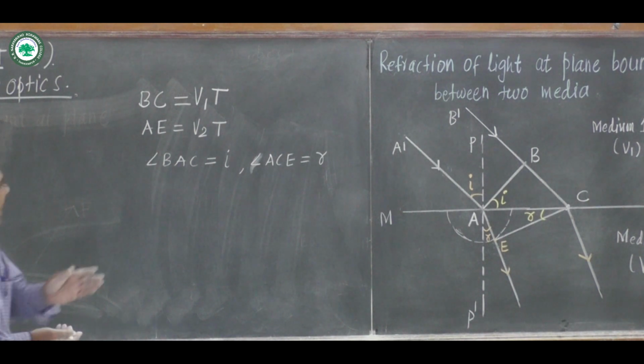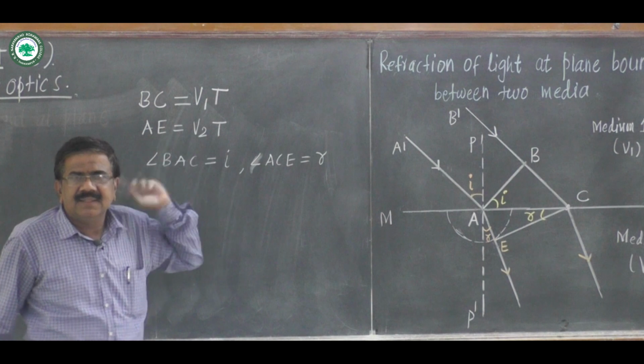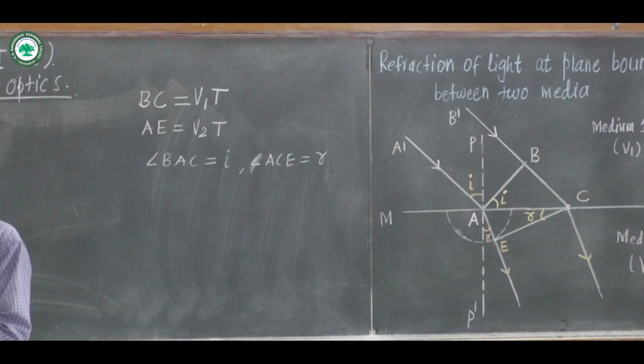Hence by geometry, angle BAC is I and angle ACE is R.